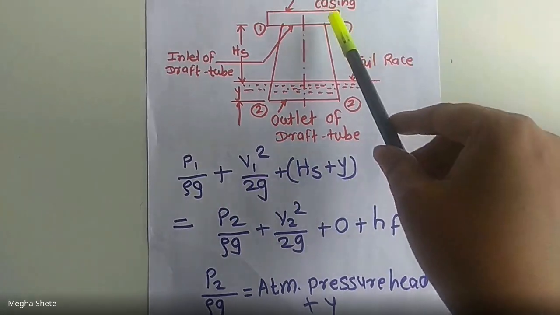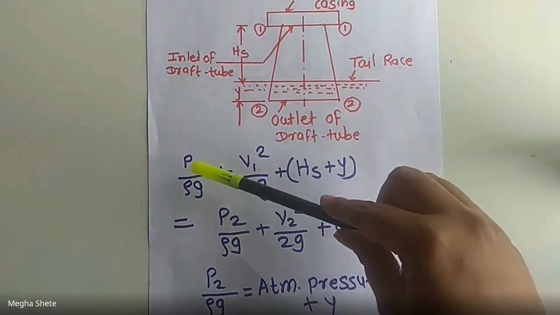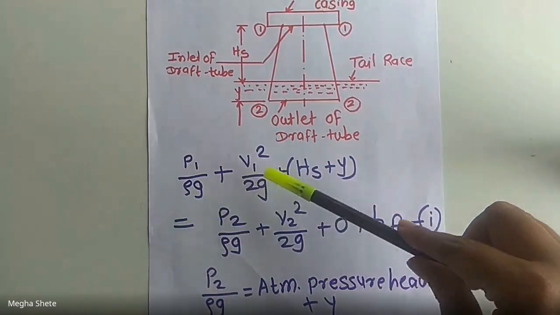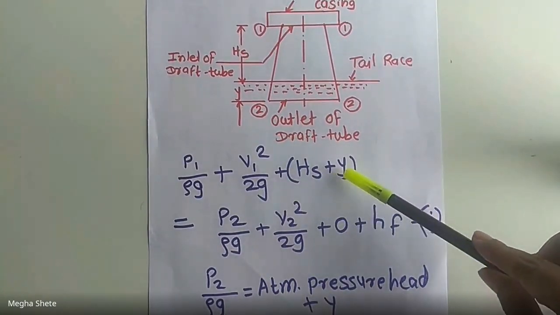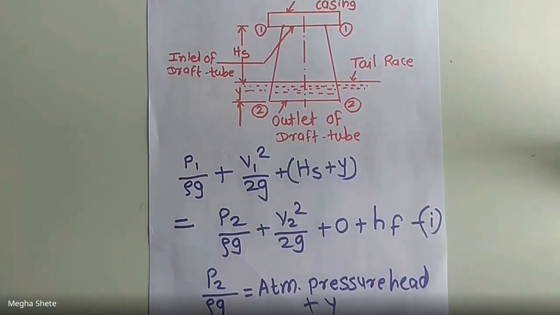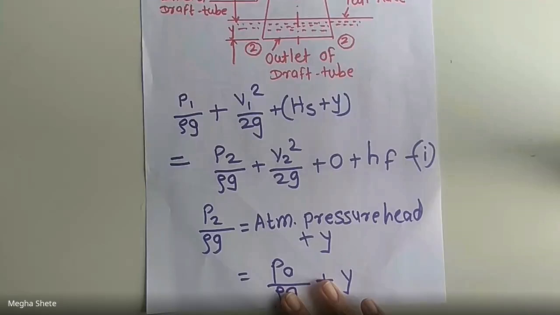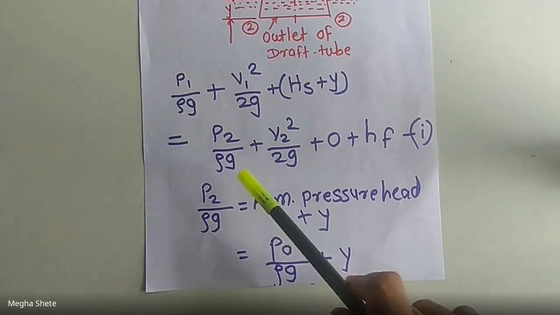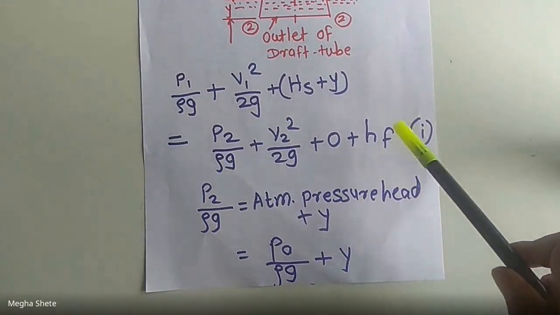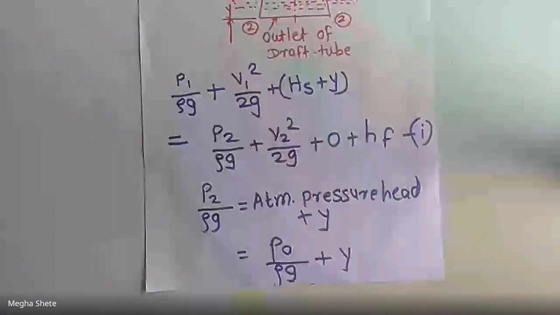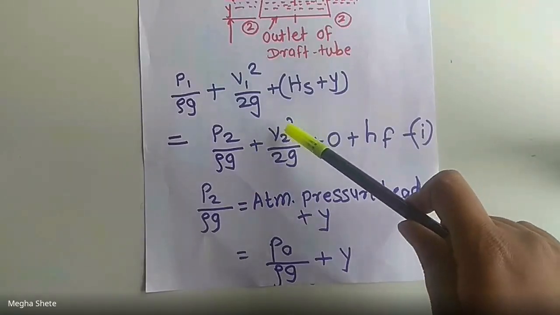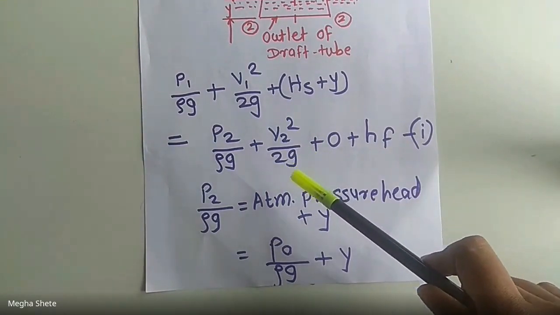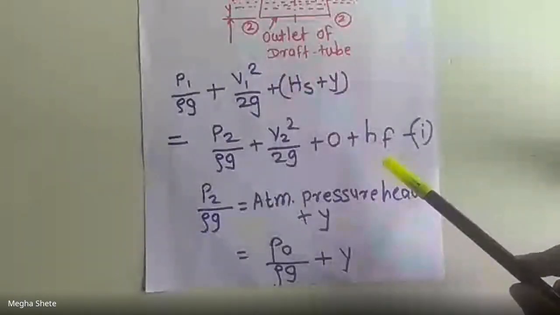Now applying Bernoulli's equation to section 1-1 and section 2-2, first we will apply Bernoulli's equation to the inlet of the draft tube, that is P1 by rho g plus V1 square by 2g plus Hs plus Y, that is equal to applying Bernoulli's equation to the outlet of the draft tube, that is P2 by rho g plus V2 square by 2g plus 0 plus HF.